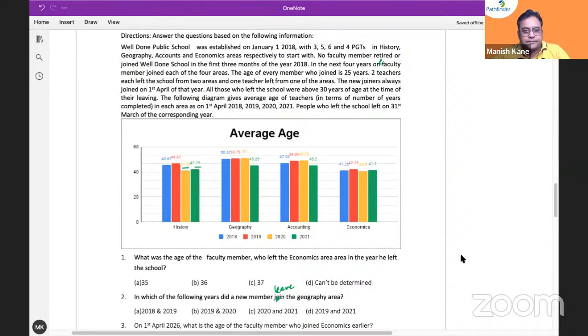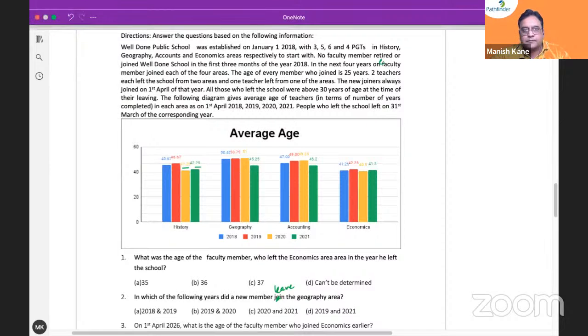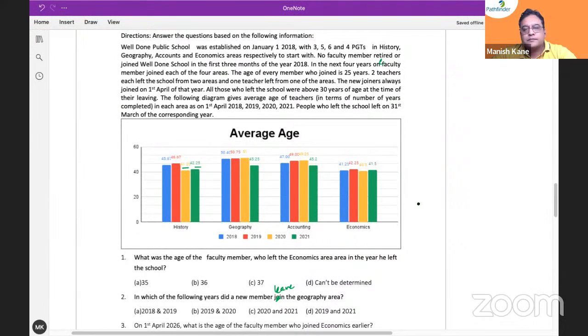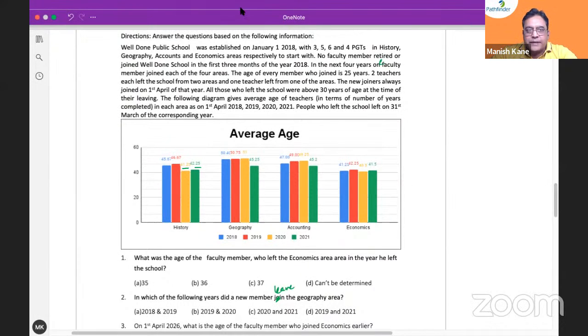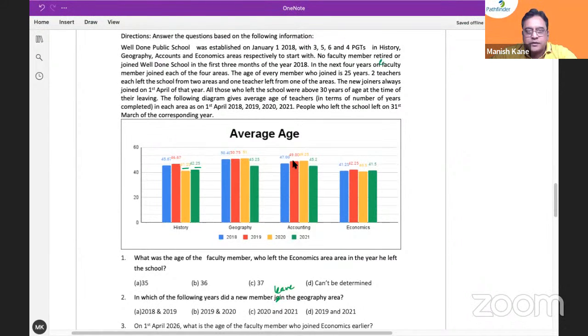Doesn't look like. Okay, I guess time is up. Anybody who has got any of the answers in the class or even on YouTube? I don't see anybody having typed anything.